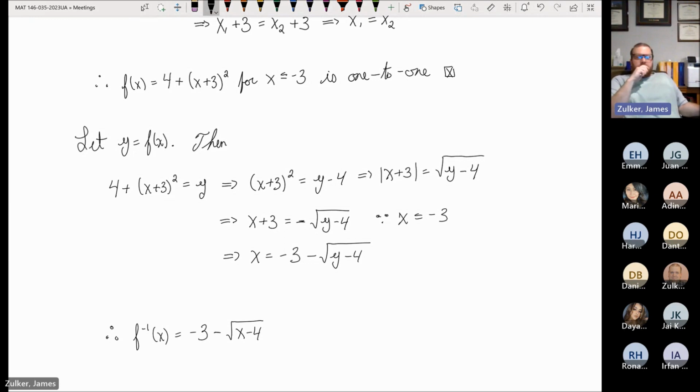And so our inverse function would be -3 minus the square root of x minus 4.